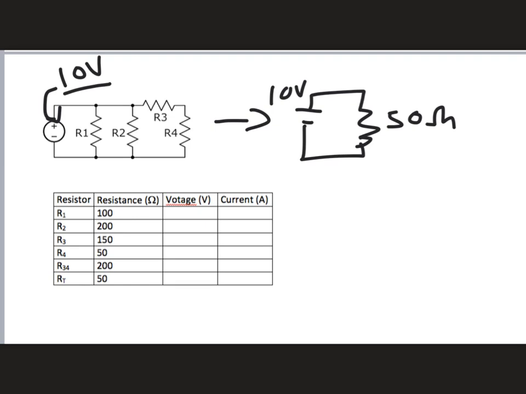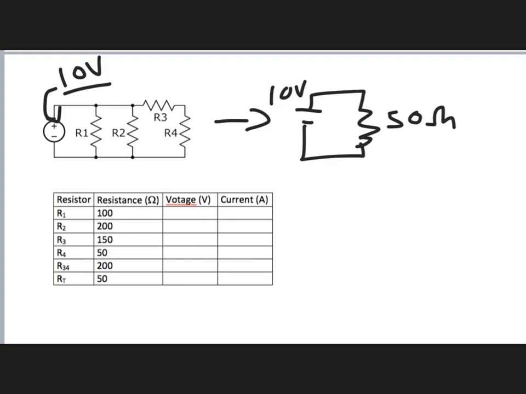And then I, of course, can put that into my table here, 0.2 amps. And so now I've solved the entire single resistor circuit where I've reduced all of these resistors to a single equivalent resistance, and I now know the total resistance, the voltage, and the current.